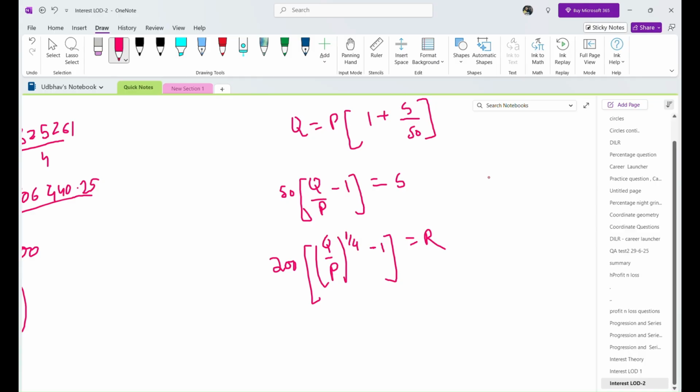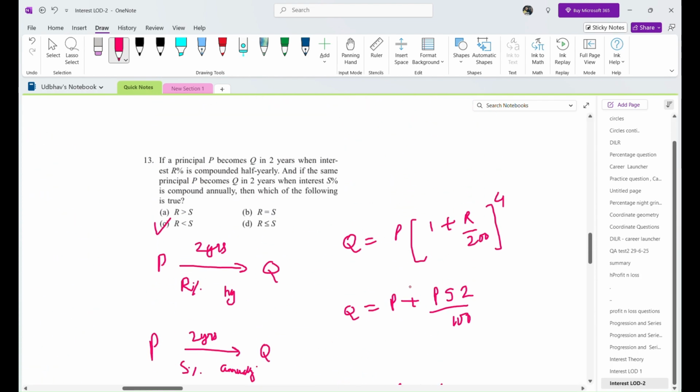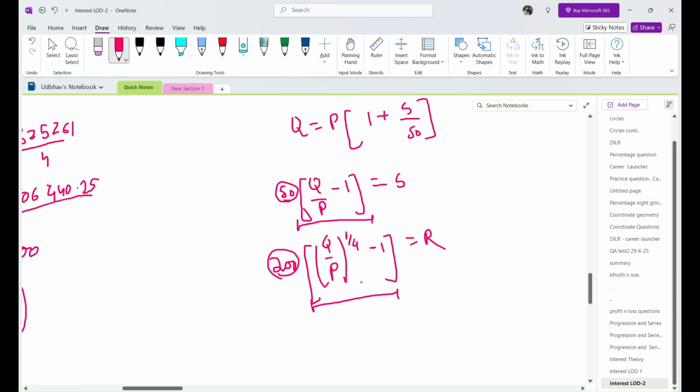Some bigger number minus 1 will give you a bigger number, and some lesser number minus 1 will give you a lesser number. So this in total will be a bigger number and this in total will be a lesser number, but it is multiplied by 50 and it is multiplied by 200. So for some cases they can be equal to, but here because it is 1 by 4 here and this is 4 times more, so R should be less than S.